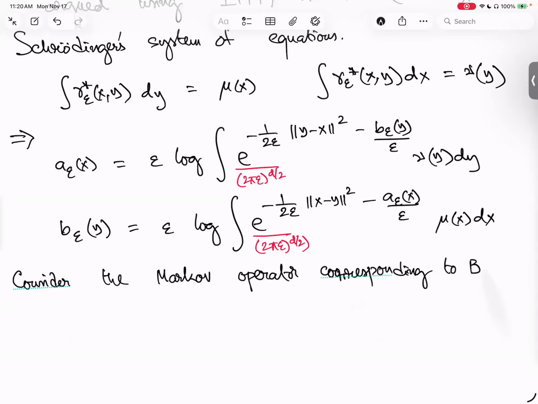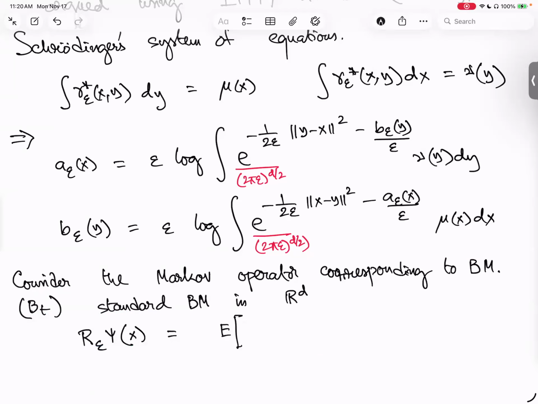Imagine that you have Brownian motion, B_t, my standard Brownian motion in R^d. And I can define my R epsilon of any function psi of, let's say, x to be the expected value of the function psi applied to B at time epsilon, given that B_0 is equal to x.